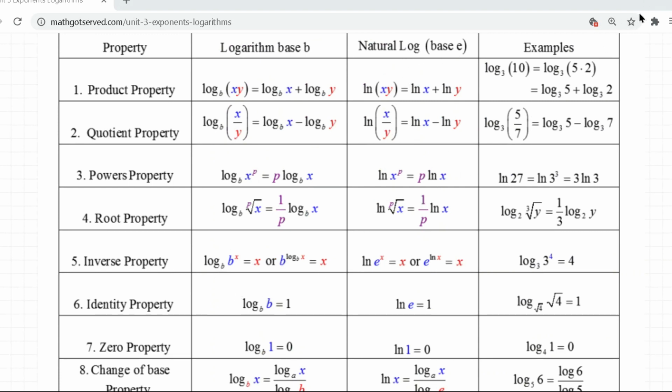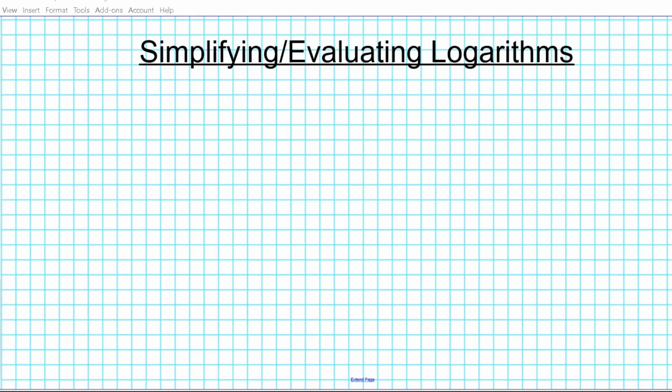Let's go ahead and write down these two inverse properties of logarithms that will be guiding our problem solving process. The first one is log base b of b to the x is equal to x, and the second one has to do with the natural log: the natural logarithm of e to the x is just x.